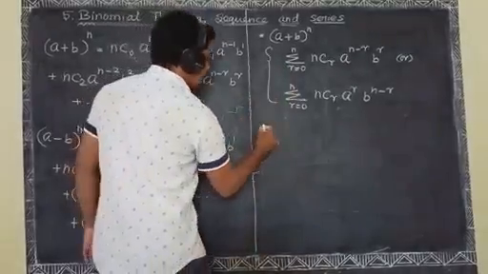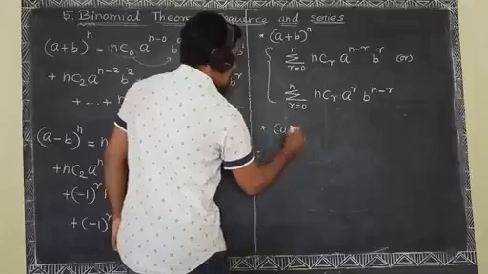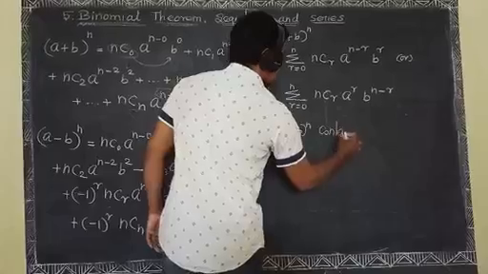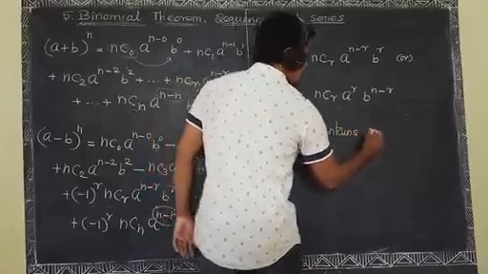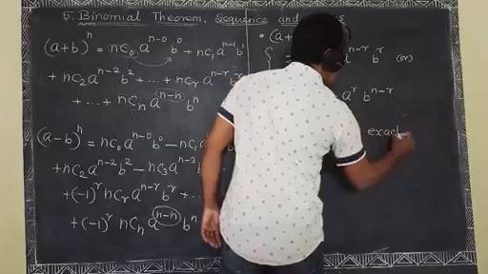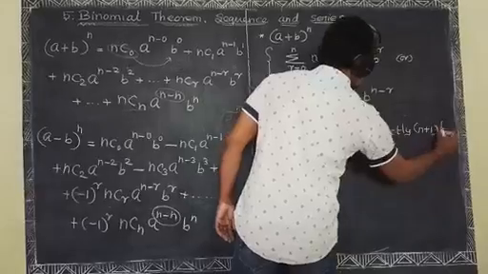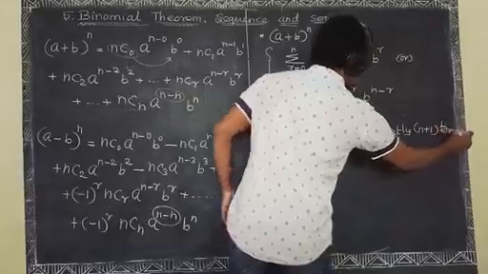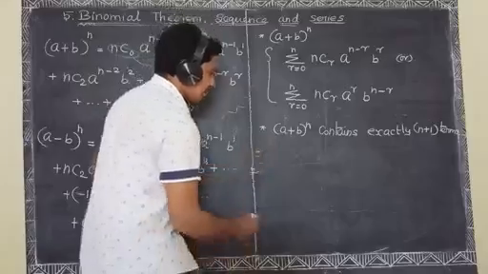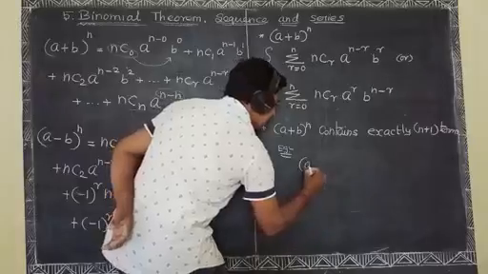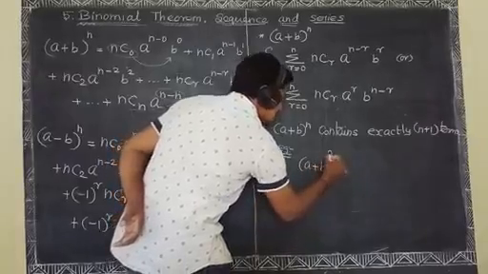And the second property: (a plus b)^n contains exactly n plus 1 terms. For example, we take (a plus b) whole square.